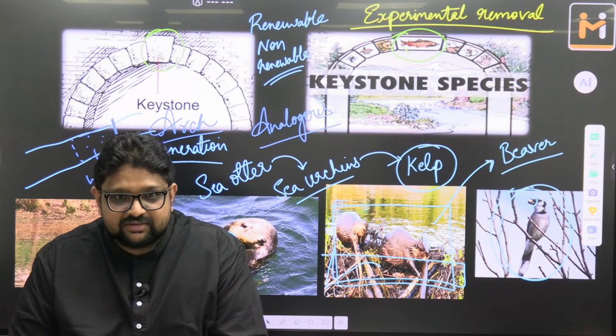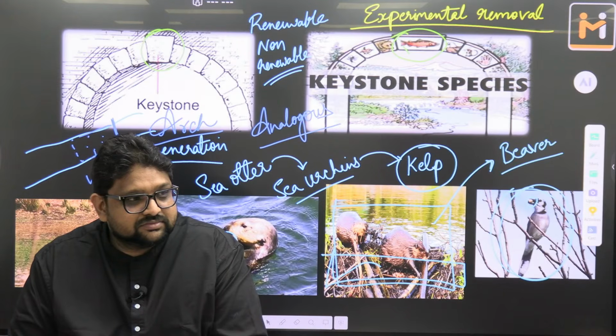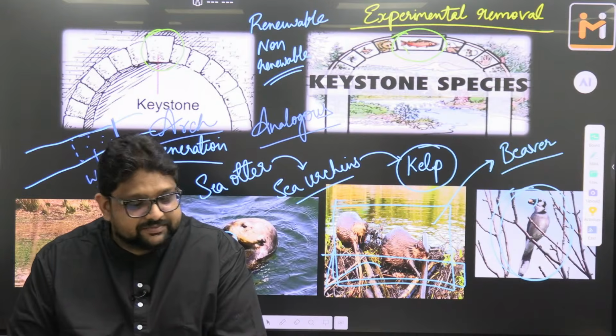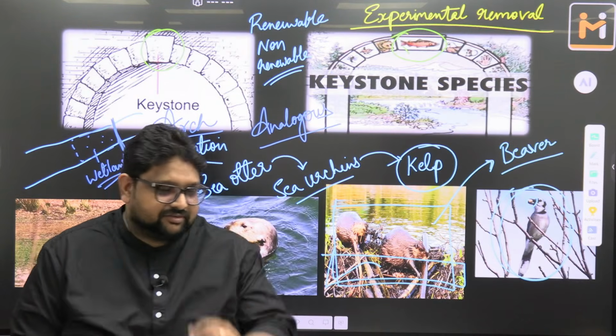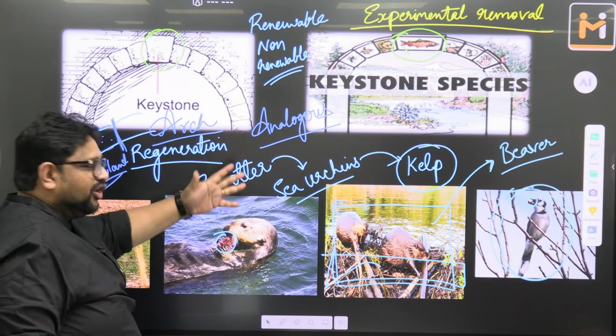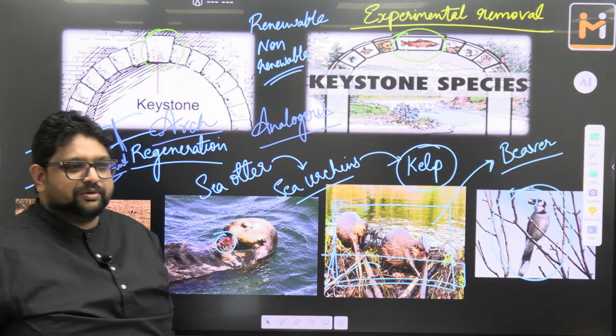Elephants in the African savannah can be a keystone. That's another role which they play. If they are not there, then seed dispersal will be impacted. Good, wonderful. Now, sea otter, then beaver, blue jays.